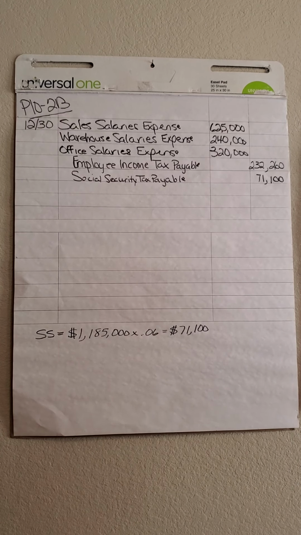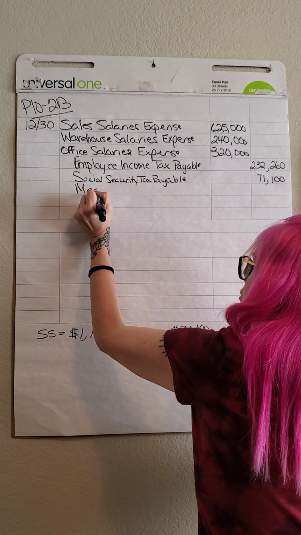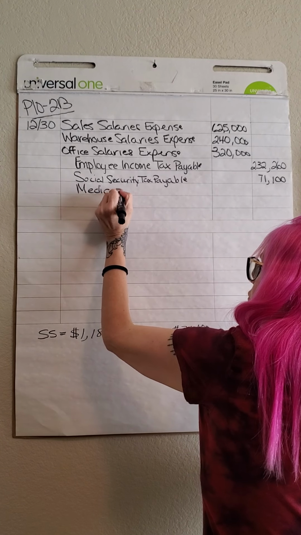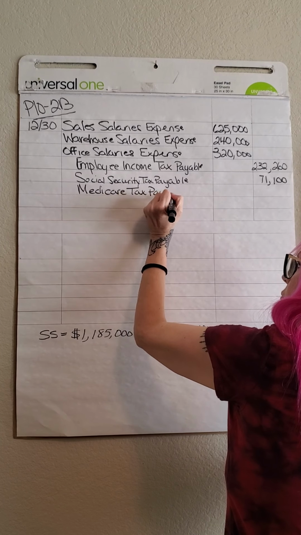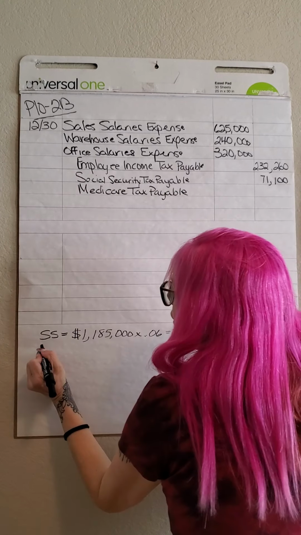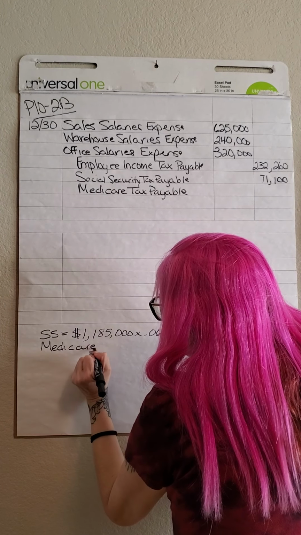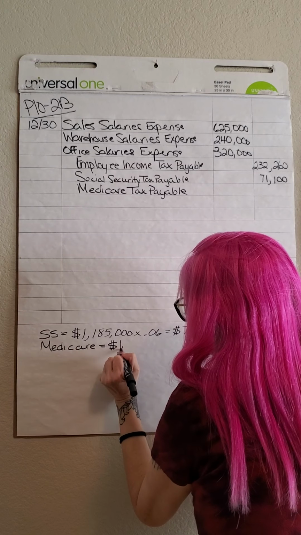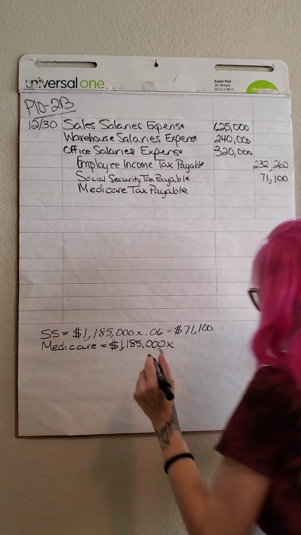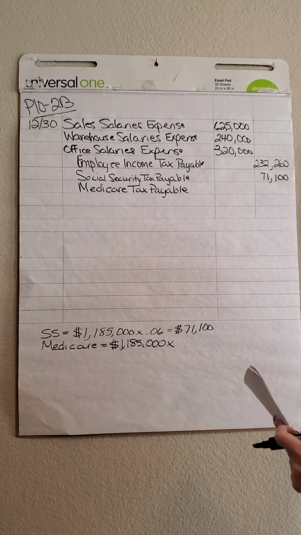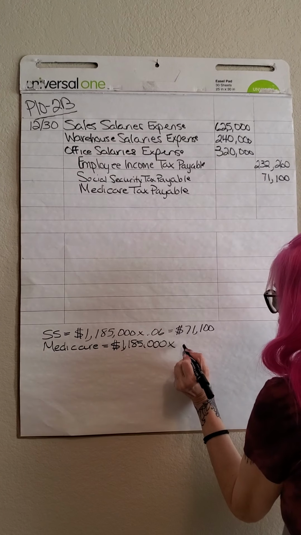Then the next thing we have to calculate out is Medicare tax payable. And again, when we're looking at Medicare, that's another item that's matched by the employer. And we're looking at the full $1,185,000, and the rate for that is 0.015.